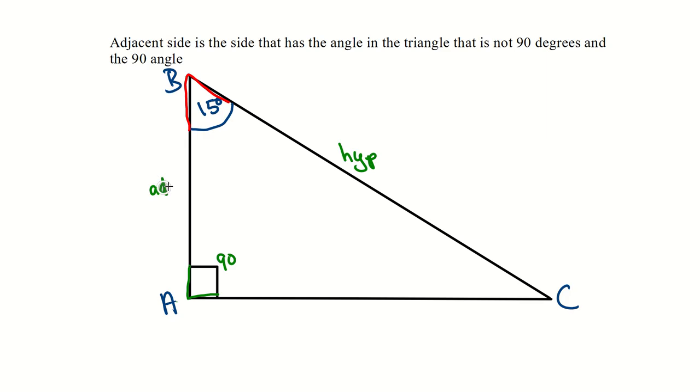And that is an easy way to locate your adjacent, your hypotenuse, and your opposite. Obviously, this will be used when you're using sine, cosine, and tangent, but I will not be going through that right now. But this is how we would locate what is our hypotenuse, what is our adjacent, and what is our opposite.